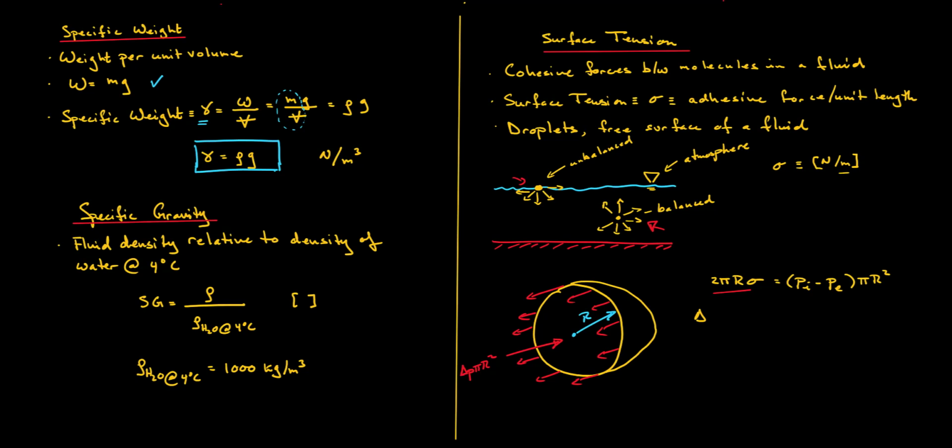We can write this as delta P is equal to Pi minus Pe, so the internal minus the external pressure is equal to 2 multiplied by the surface tension divided by the radius of the drop, r. And this suggests that the pressure inside the drop must be greater than the pressure external to the drop in order for all the forces to be balanced.